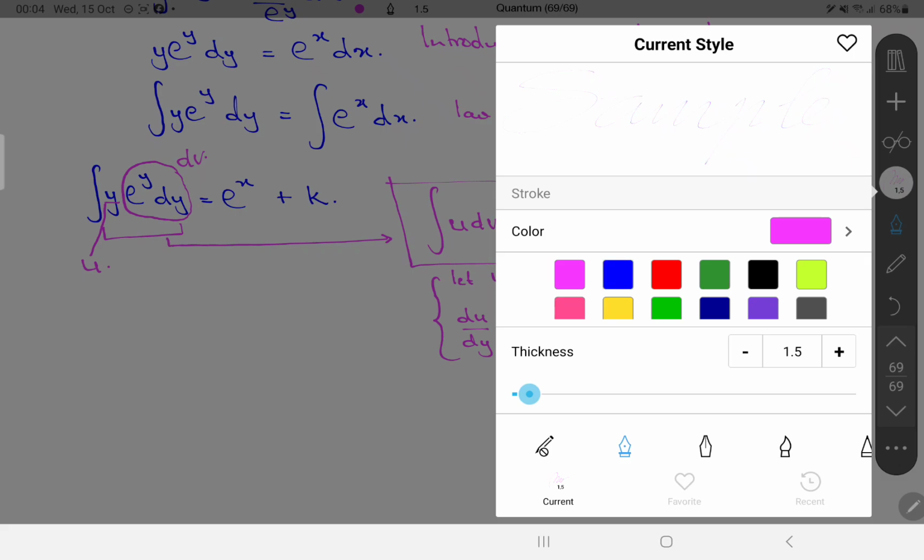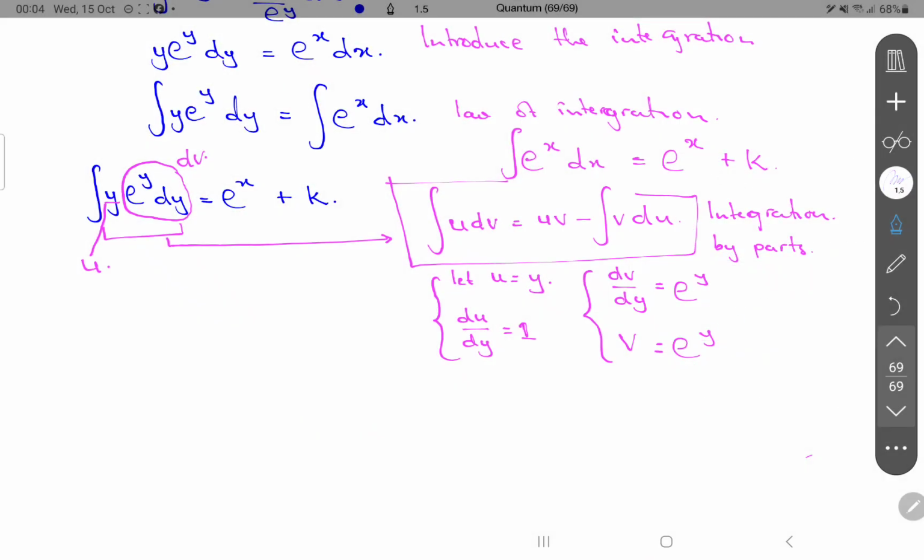So what are we saying? If we use the rule there, our uv minus the integral of v du should now be: your u, it was a y, our v is actually e^y now, minus the integration of this.